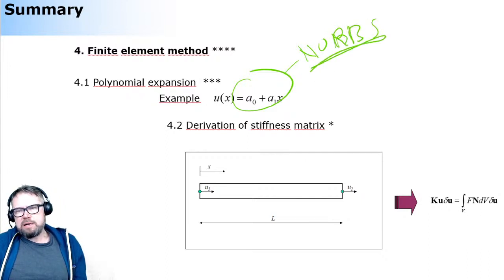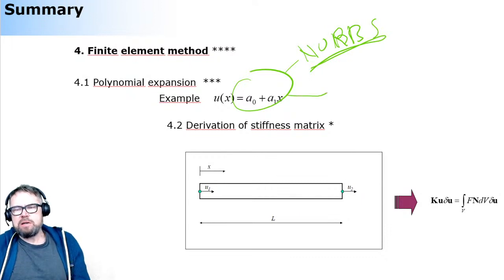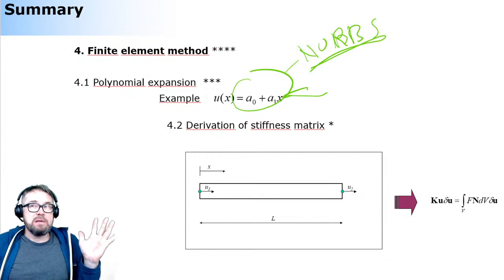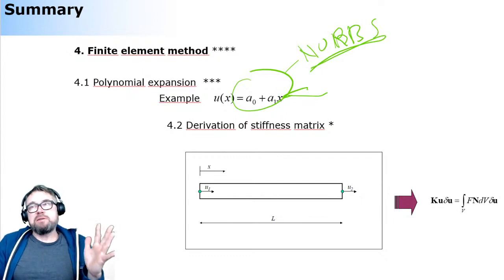NURBS are heavily used in CAD geometry, and it helps to combine finite element models and CAD geometries. When you do that, there is a method called isogeometric finite element method, which I will get back to in fourth period. But yes, there is a possibility to get rid of these polynomials if you hate them big time. You can use something different, like B-splines, non-uniform rational B-splines, and then you can make any kind of geometries you want. Okay, so that's the nature of the finite element method.